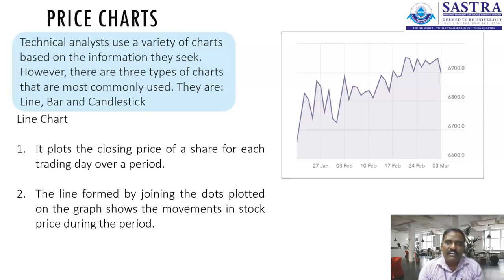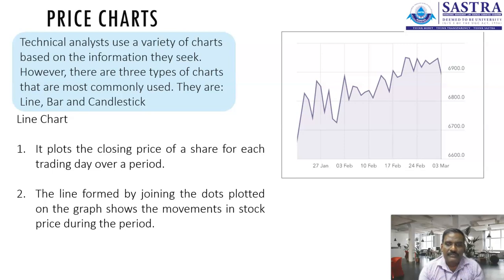However, there are three types of charts that are mostly used: the line chart, bar chart and candlestick chart. The first one is the line chart, which plots the closing price of the share for each trading day over a period of time.